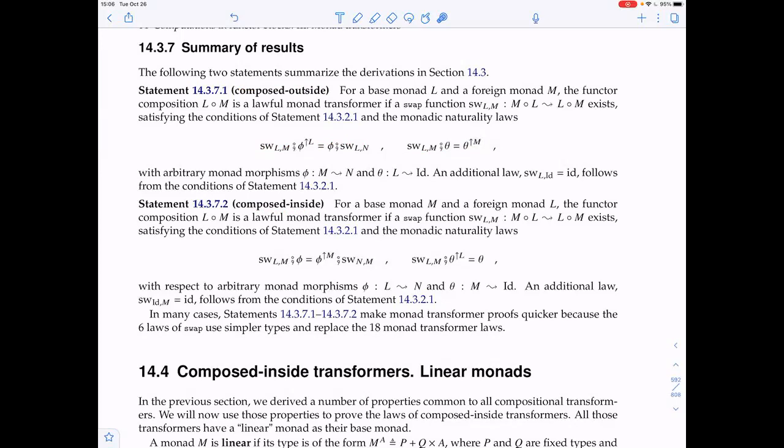And so if these laws hold with arbitrary monad morphisms, then the monad transformer is fully lawful. So the 6 laws of swap replace the 18 laws of monad transformers. So this is the story for composed inside and composed outside transformers.